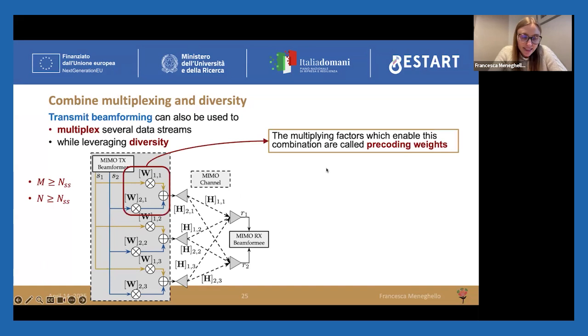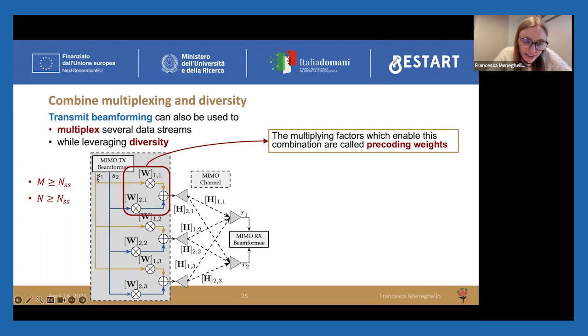The way the multiplexing and the diversity are combined is by using weights that are called precoding weights. These weights allow us to transmit all the different streams together through all the antennas.